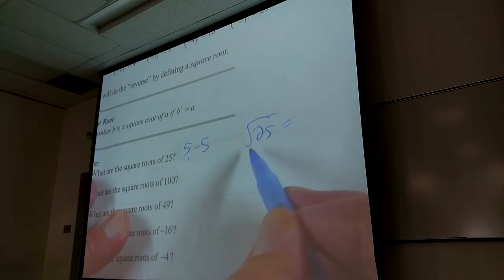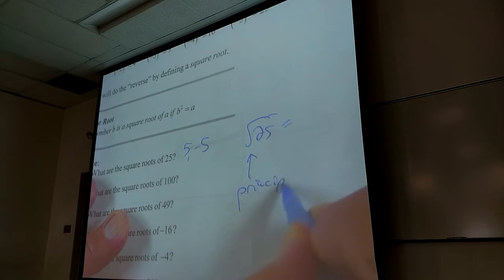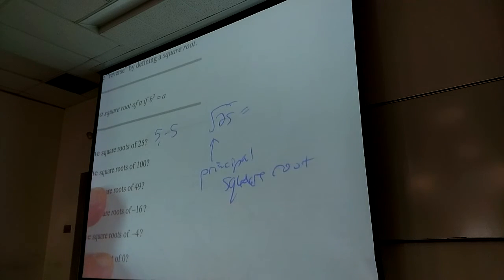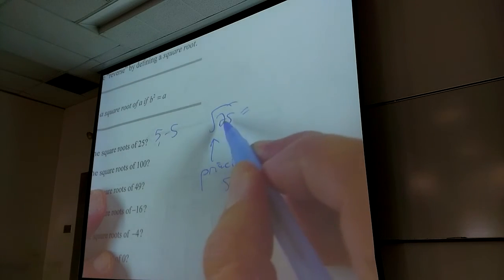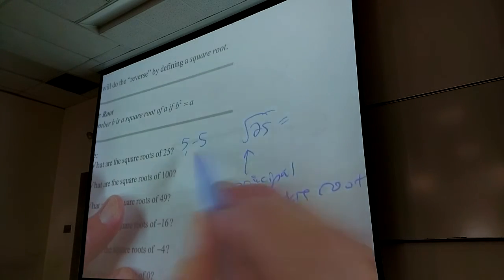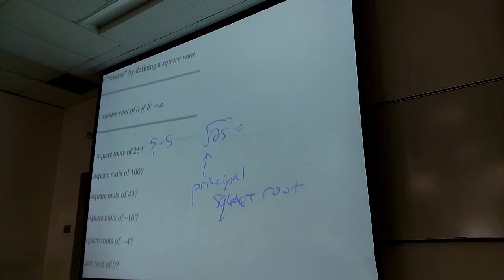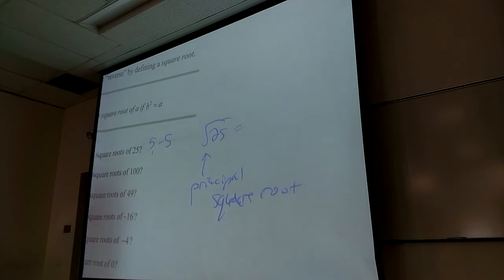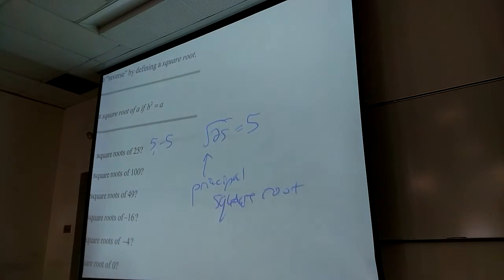root. So this is what's called the principal square root. If I wanted the negative answer, I'd have to put a negative sign on it to say I want the negative root. And why is that?